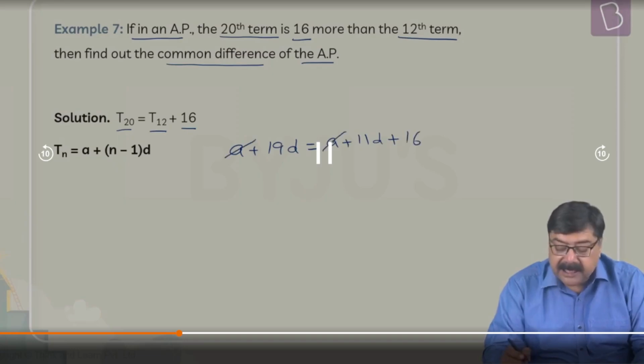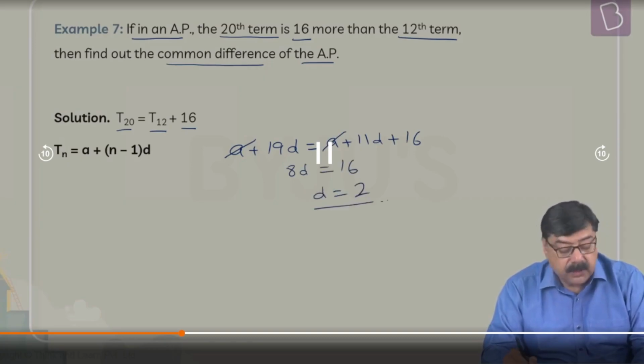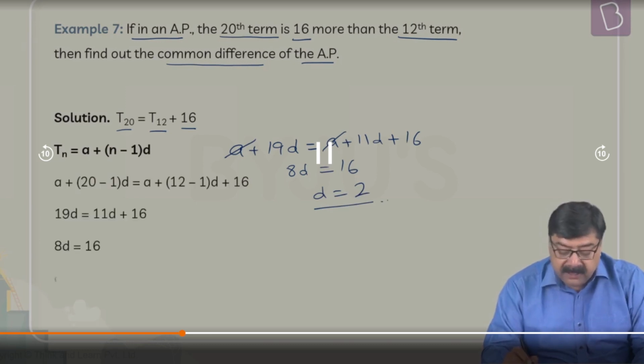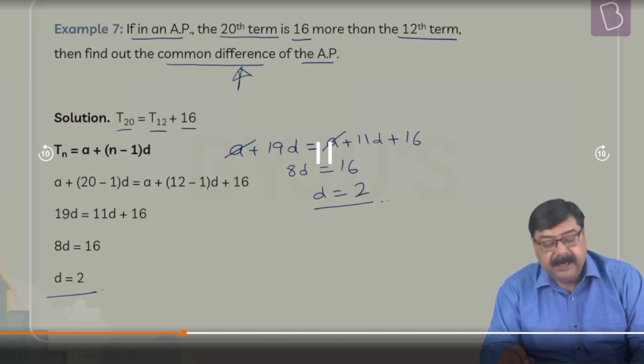So as it is, A and A cancel. 19D minus 11D is 8D, which equals 16. So D here becomes 16 by 8, that is equal to 2. So we obtain the value of D as 2, which is the common difference for the given AP.